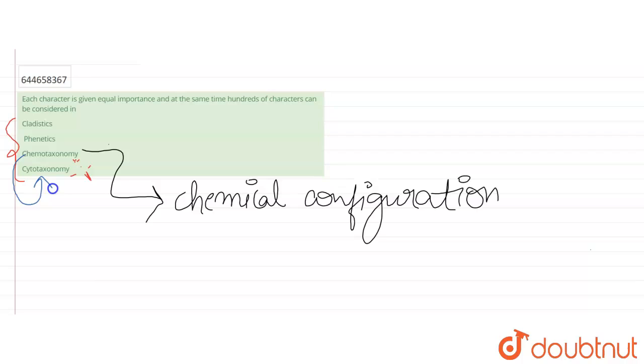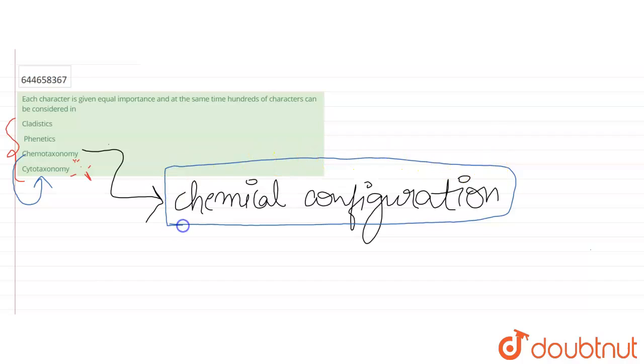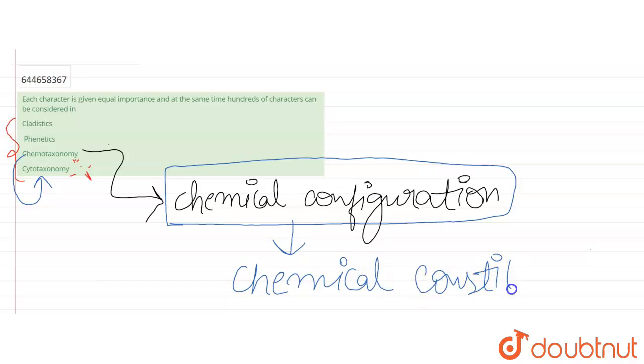In chemotaxonomy, we are wholly and solely regarding the different chemical constituents of the cells, the similarities and the differences of the biochemical configurations.